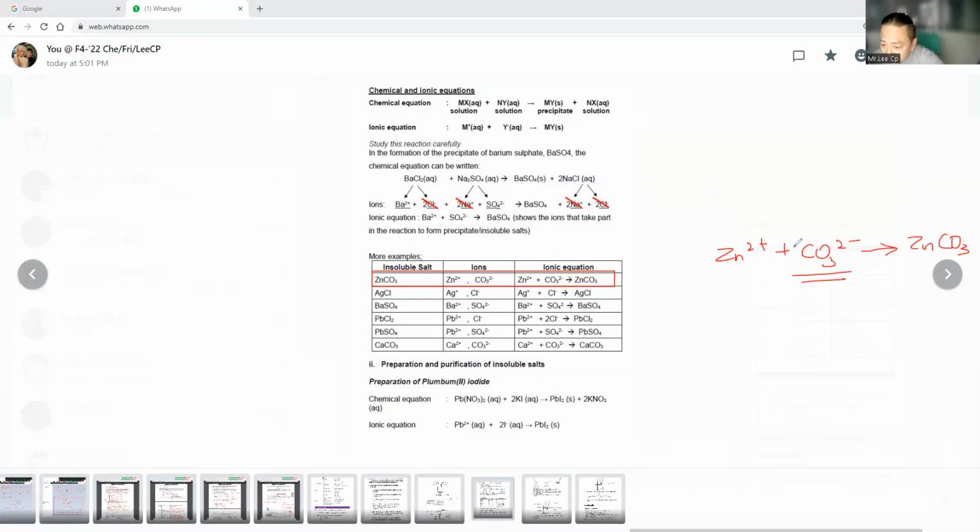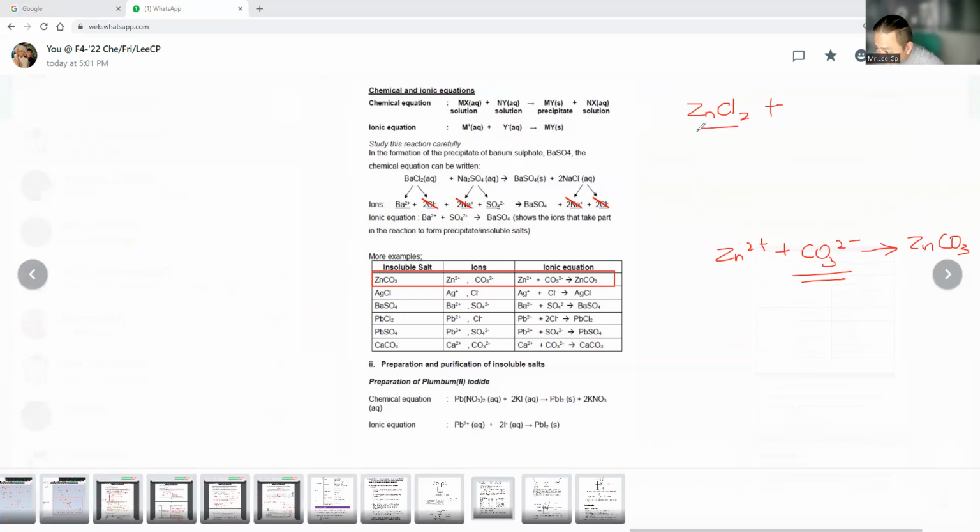Now here what we have is, you need to have something. You need to have a zinc solution, ZnCl2. Zn is 2+, Cl is minus. You take this solution because all chlorides are soluble, except PbCl2 and AgCl.